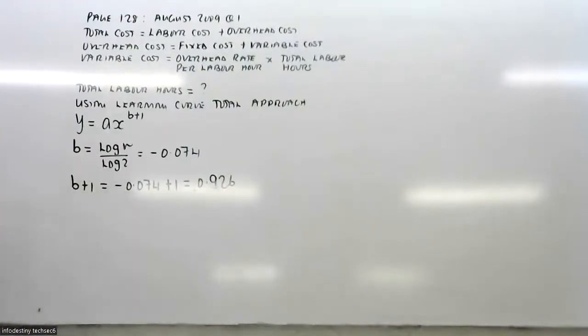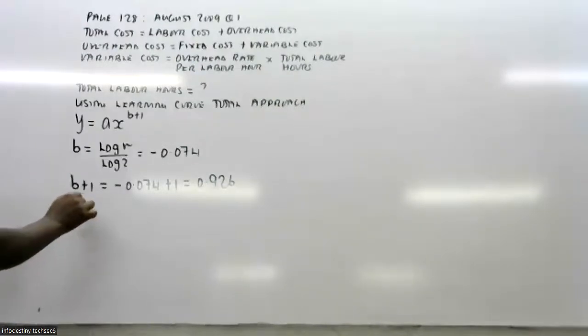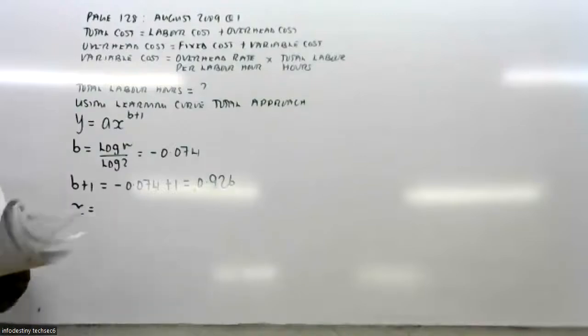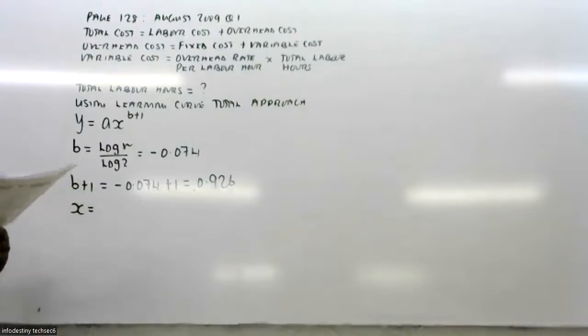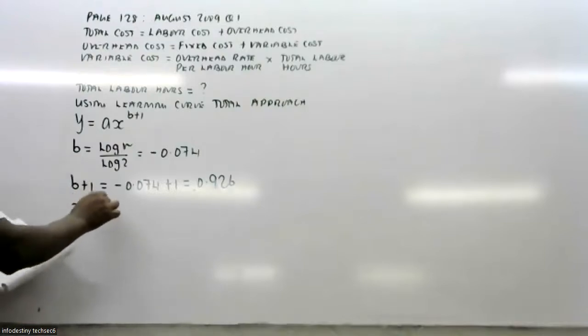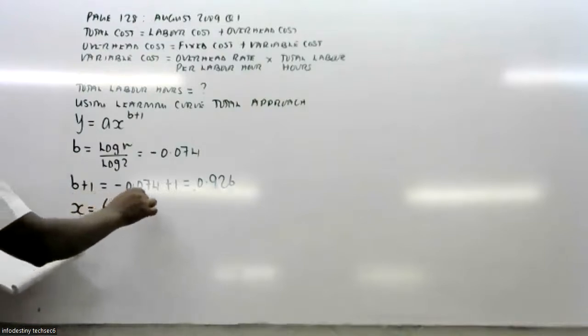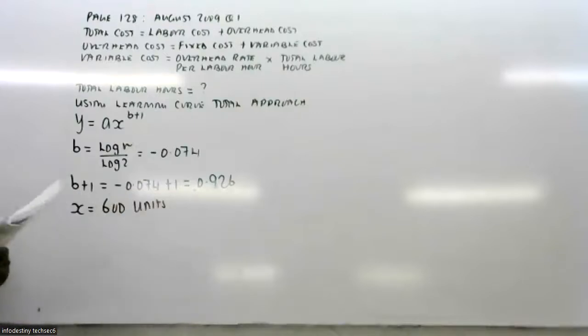Now let's go for X. How many kitchens are involved? A contract to make how many kitchens? 600. So 600 units. In the first sentence, they have bid for a kitchen fitting contract in a new real estate development of 600.